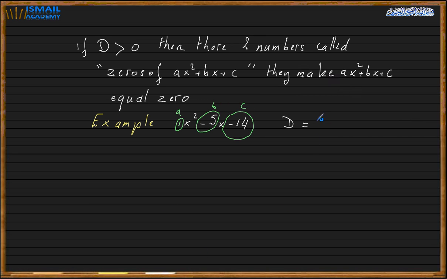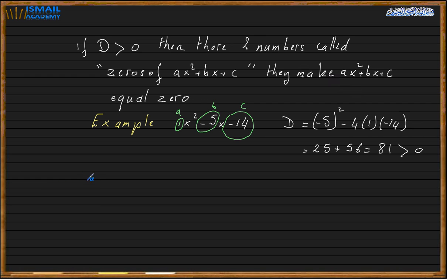So I will have minus 5 squared minus 4 times a times c. So it's 25 plus 56, which is 81. So this is greater than 0, which means there are two numbers that make this expression equal 0. Let me give you those two numbers.